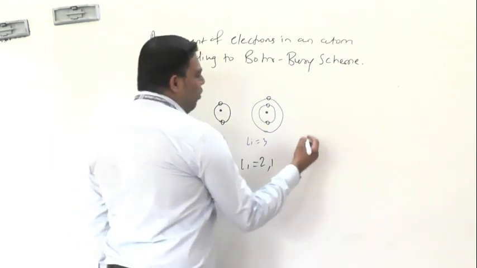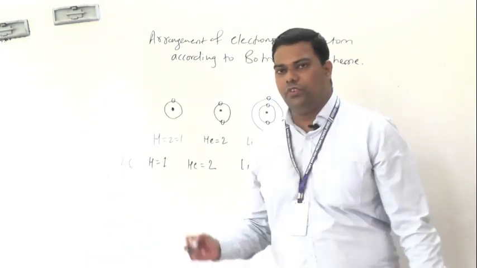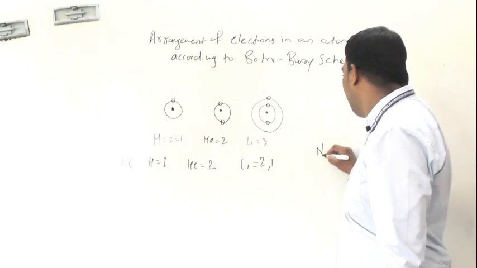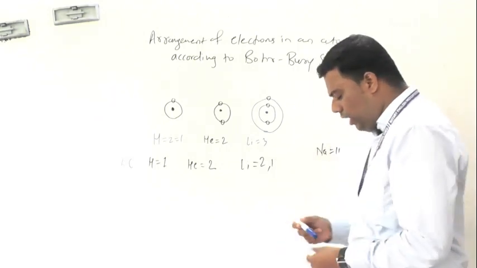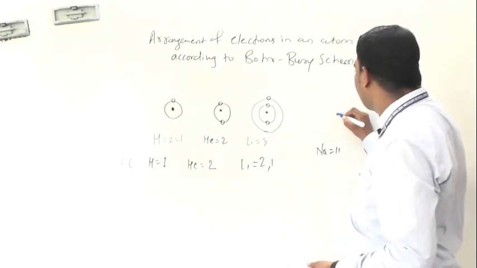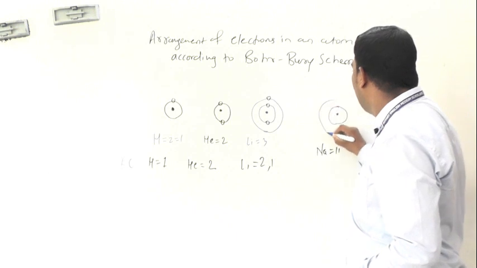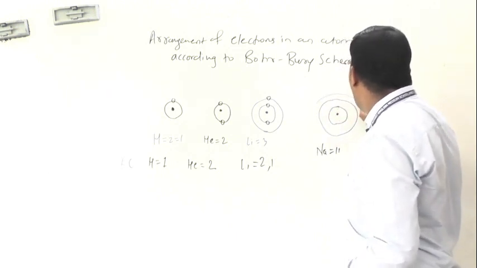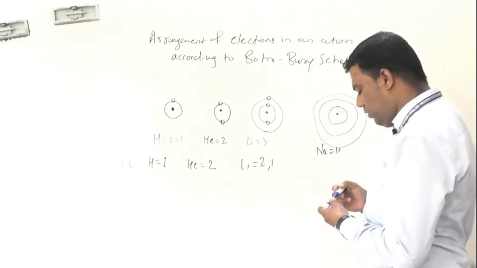Now suppose we are writing for sodium, atomic number 11. First shell, then second shell, then third shell.